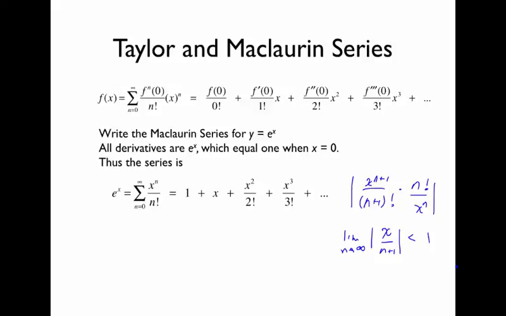For what values of x is this limit less than 1? For all x, right? Why? Because this is going to go to 0 no matter what x value you pick, since the denominator will just get infinitely big. So it's true for all x.